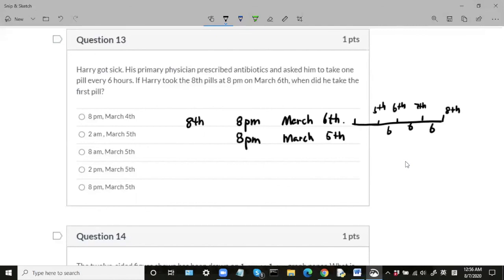This is 24 hours: from 8 p.m. March 6th to 8 p.m. March 5th. It goes back 4 times, so that is the 4th time to take the pill.